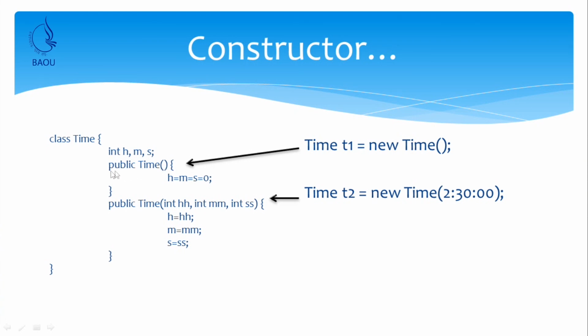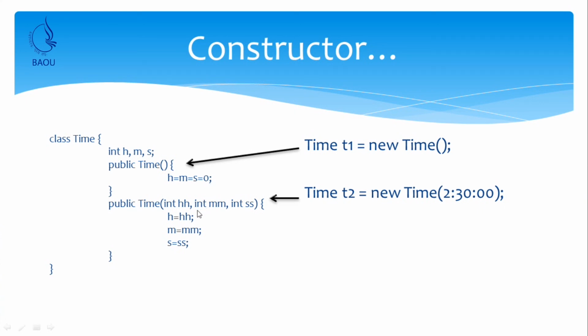So, public is the modifier for this constructor and time is the class name. So, we can say it is a constructor and it does not take any argument and it initializes all 3 instance variables to 0. So, whenever I write time t1 is equal to new time with no parameter, this constructor is automatically called and t1's h, m and s are initialized to 0.